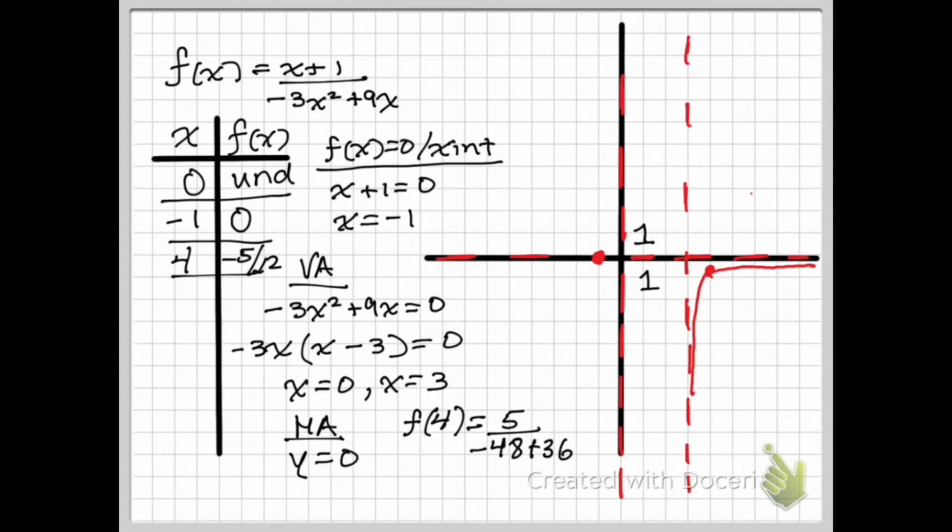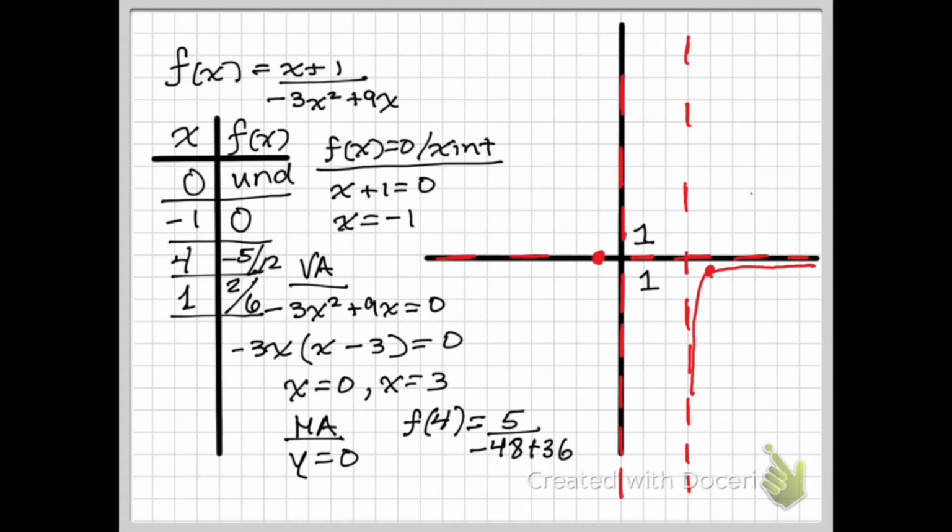In the middle part of the graph here, I don't have anything going on yet either, so I'm going to find a point. So I'm going to plug in a 1 into my function. And again, I think I can do this pretty quickly without writing anything out. If I plug in 1, I get a 2 in the numerator, and then that's going to be negative 3 plus 9 in the denominator for a 6, correct?